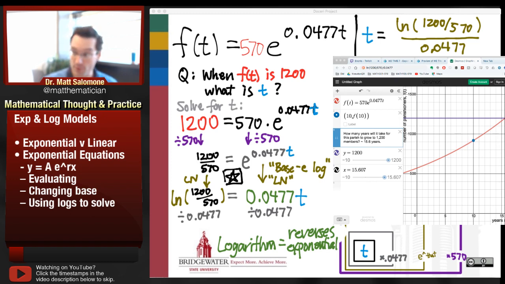Now, logarithms have a whole slew of interesting algebraic properties that we can use to do other stuff. Those are properties that I don't care so much about for the purposes of this class. If you only know that a logarithm is the tool to use to rescue the exponent out of an exponential expression, where the natural logarithm is for base e, which all of our bases will be e, I believe, in this chapter, that should carry you through.